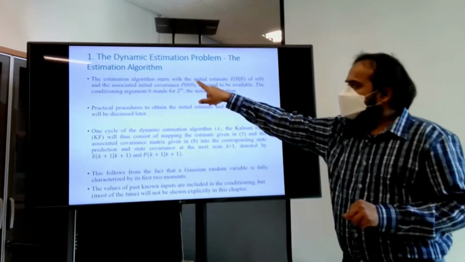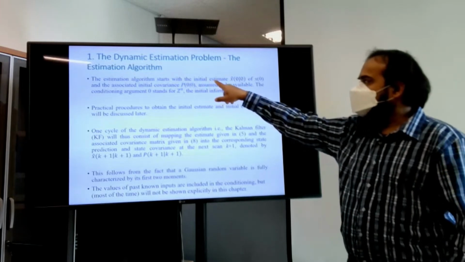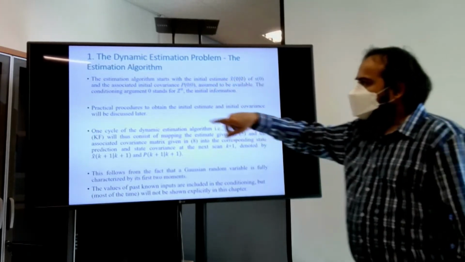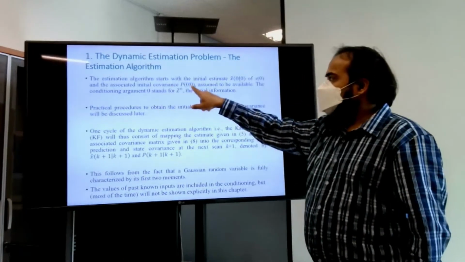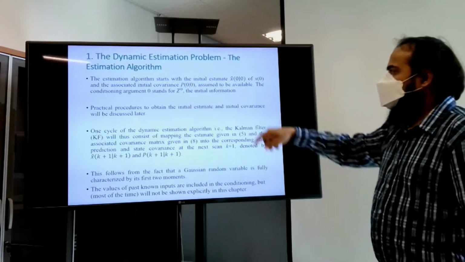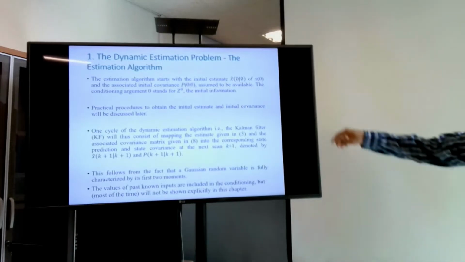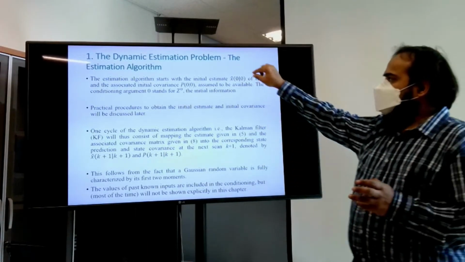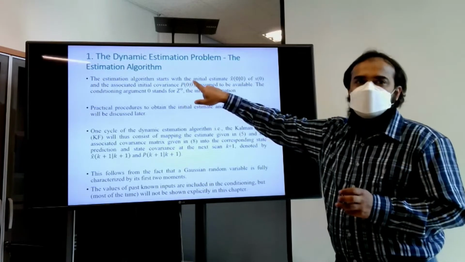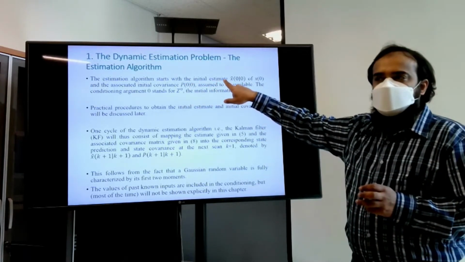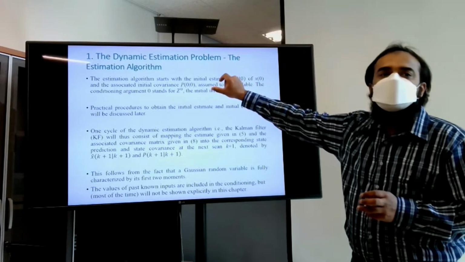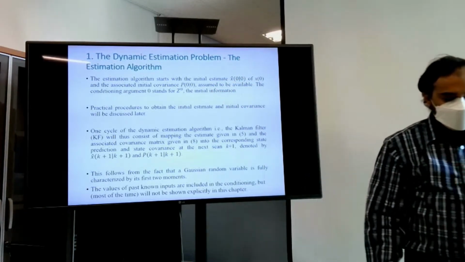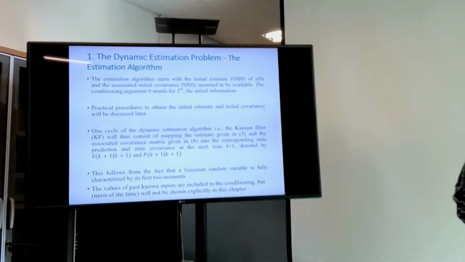So you have to assume that there is an initial estimate of this, and the associated initial covariance is assumed to be available. But there is a formula to calculate this value if it is not assumed.